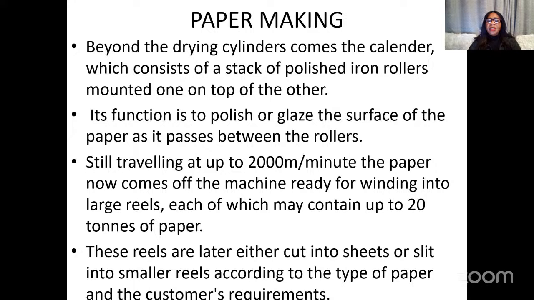Each reel may contain up to 20 tons of paper. These reels are later either cut into sheets or slit into smaller reels according to the type of paper and the customer's requirements.